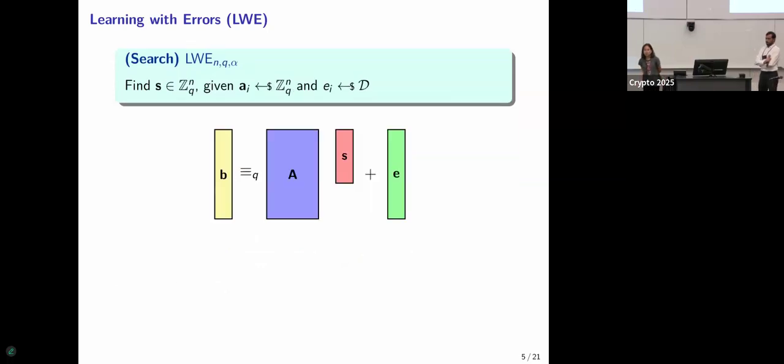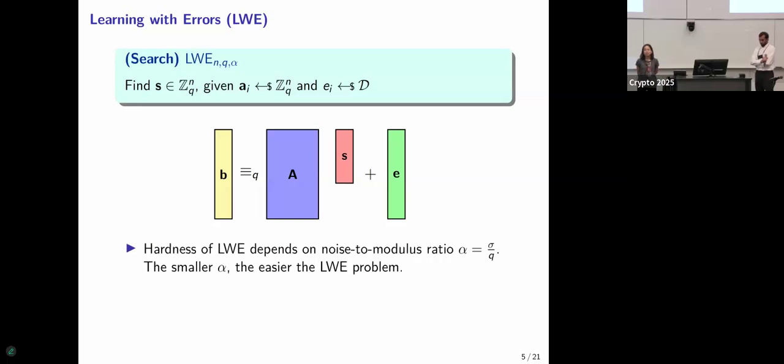Another way to consider learning with errors is the matrix form, where we have to recover a secret s given the equation b equals A times s plus e. The hardness of learning with errors depends on the parameter alpha, where alpha is the quotient between the noise and the modulus. In general, the smaller the alpha, the easier the learning with errors problem.